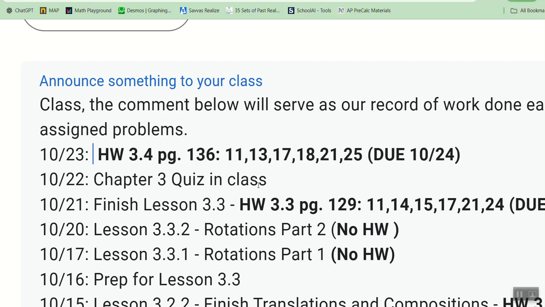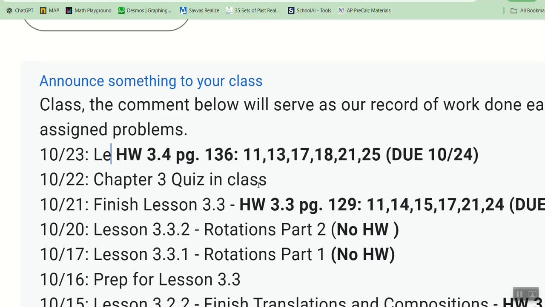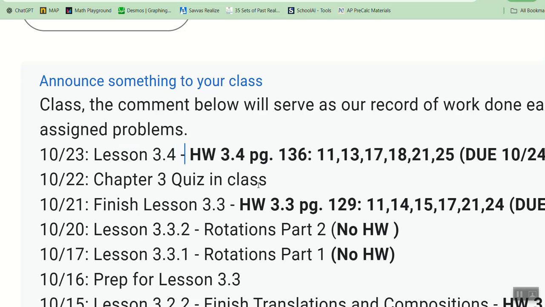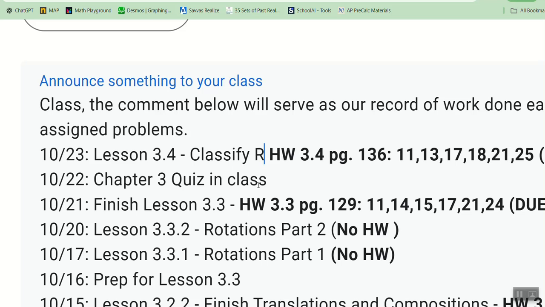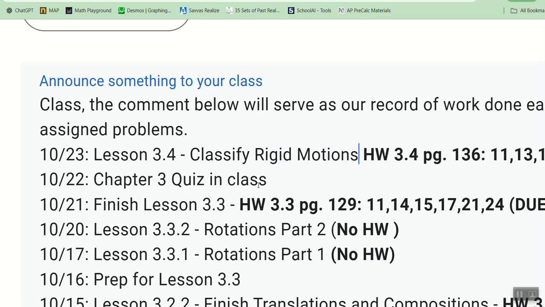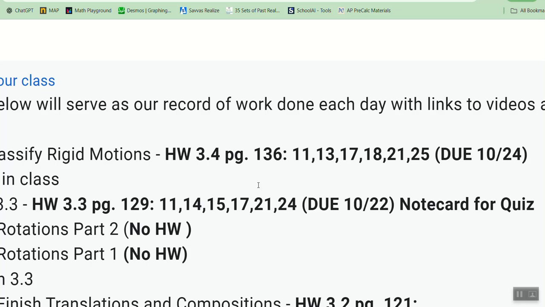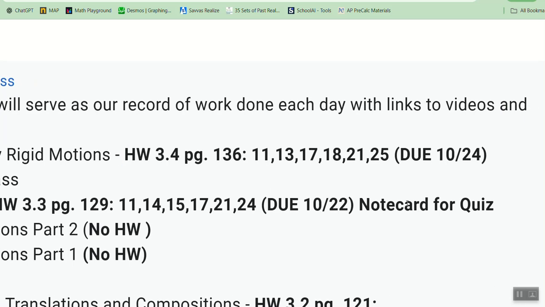I'm just going to fill in these other details that I always do. Lesson 3.4. This is classify rigid motions. And here we are. Cool. Like legitimately, you'll be able to get 2 or 3 problems done at least in the next 5 minutes if you truly start.